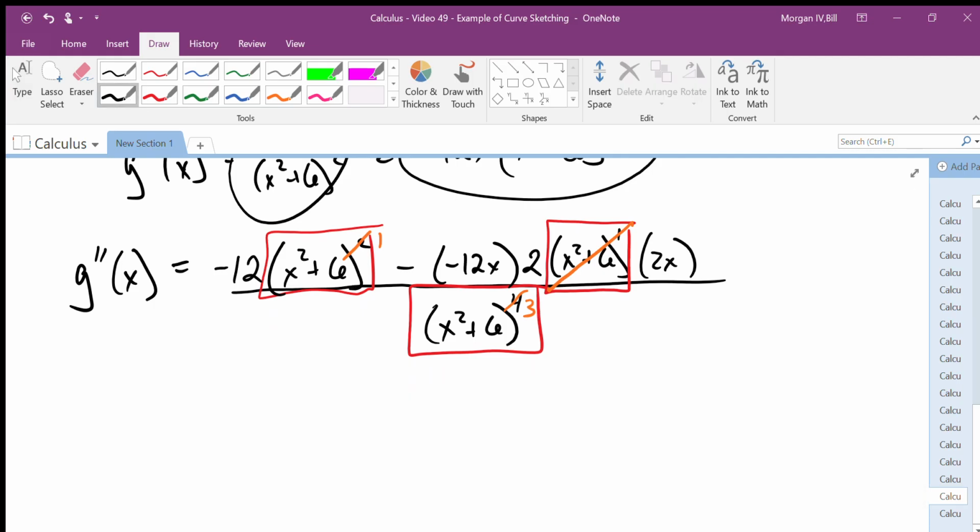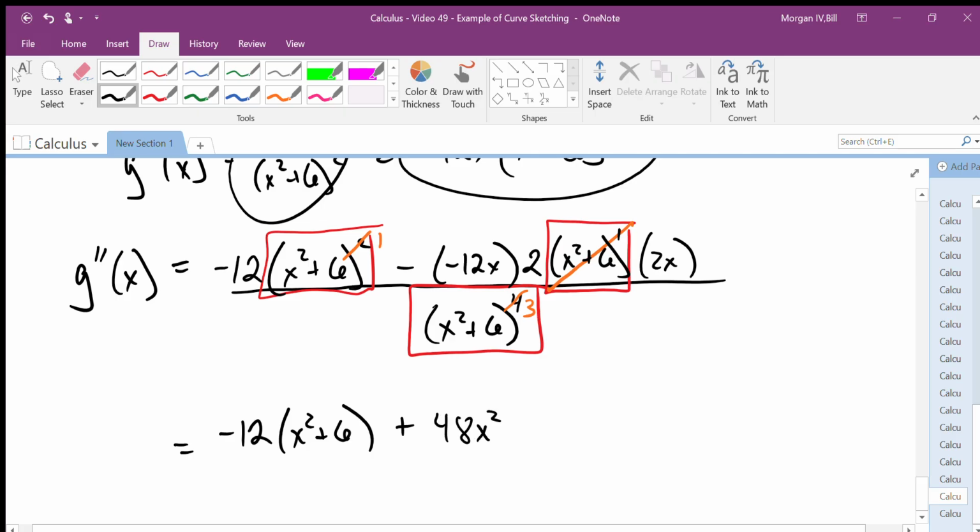Okay, so g double prime of x is negative 12, x squared plus 6 to the first now. Over here I have minus negative, that's going to become plus. 12x times 2 times 2x, that's 48x squared, and the x squared plus 6 canceled out, so that part's gone. Okay, plus, got my signs right.